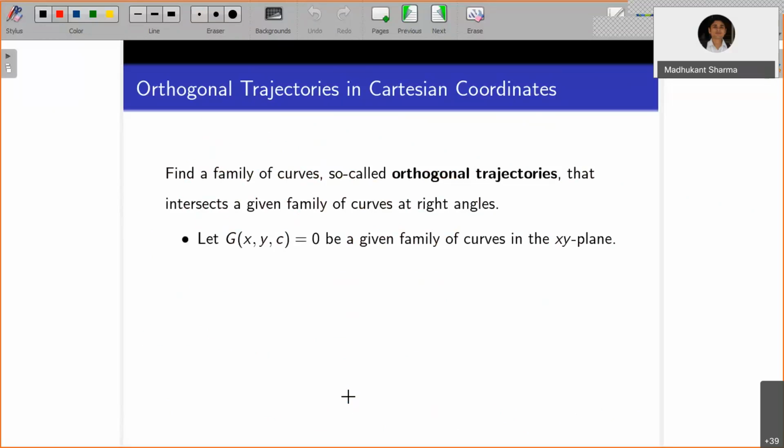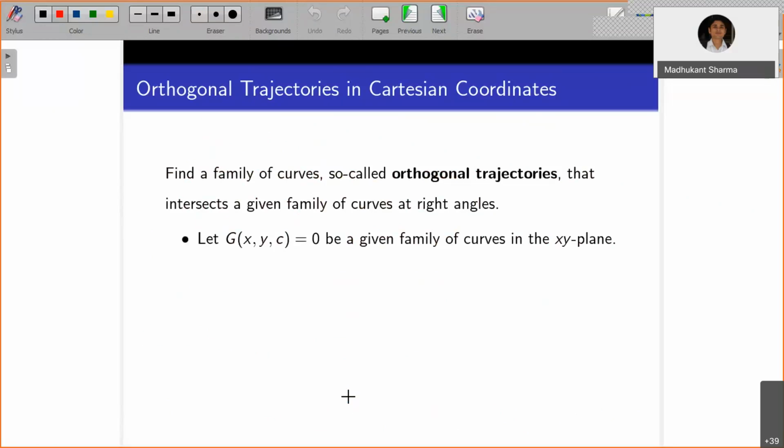We are now going to look at one application, which is orthogonal trajectories. What are the applications?